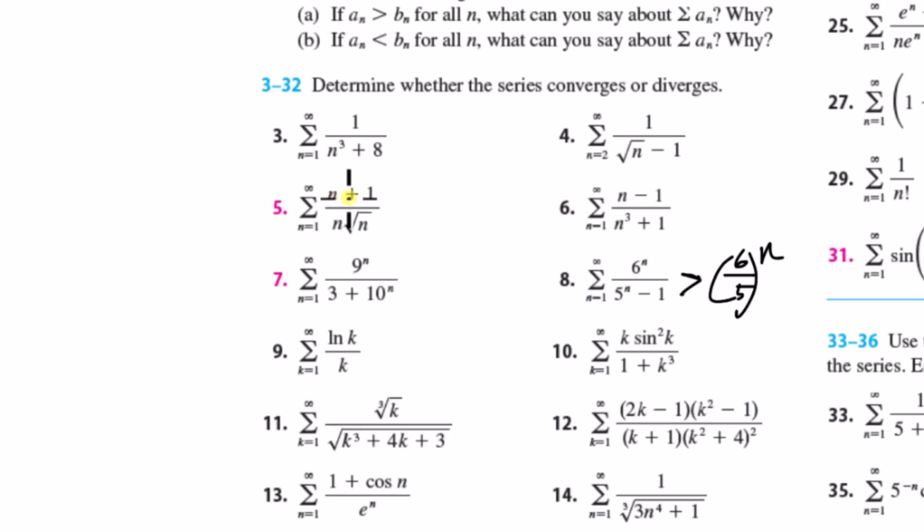Well, you've got n plus, just adding 1 here, this is extremely similar to a p series. It's not an actual p series, but it's very similar. And that's why if you did the ratio test, then the limit of the absolute value of a sub n plus 1 over a sub n is going to go to 1 for most of these, which is inconclusive with the ratio test.